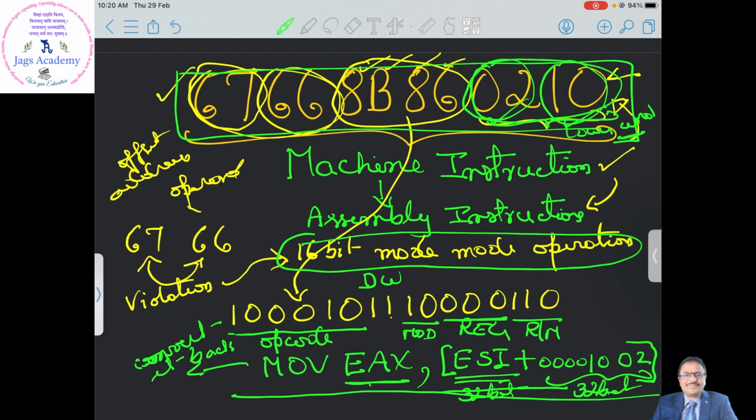That's sure. Even if you don't have this, it doesn't matter. It can be ESI plus 10002, meaning the remaining bits are counted to be 000. So this is the answer. I hope all of you understood this.